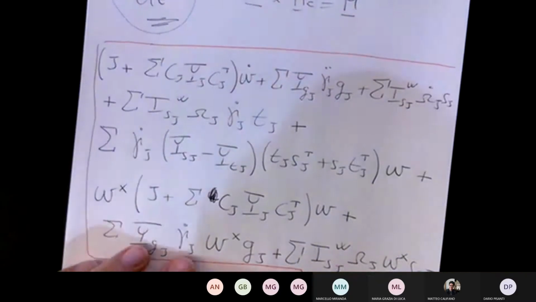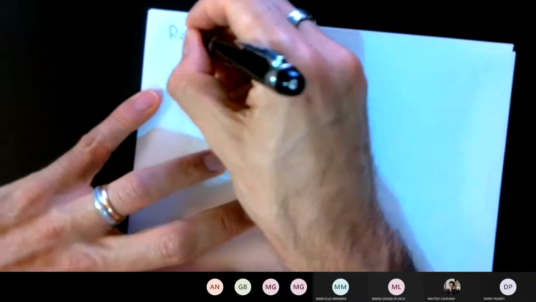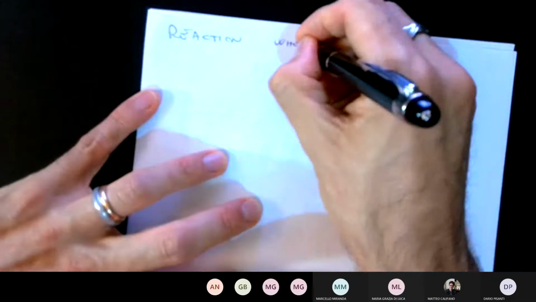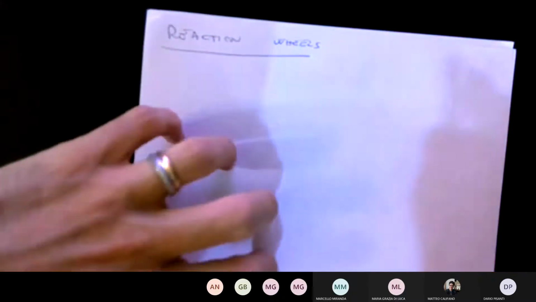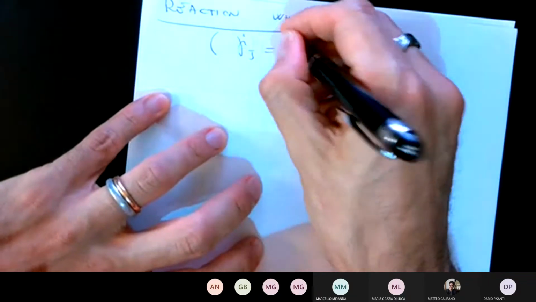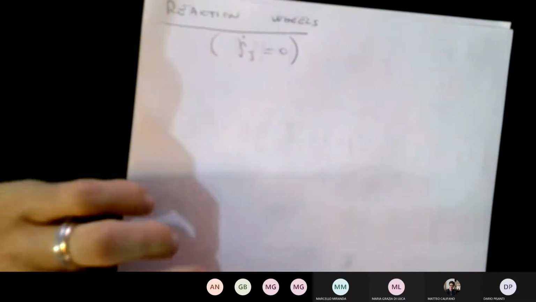So now let's look at the different options that we have. Option number 1 is the simplest, very much used in practice: reaction wheels. What that means is that gamma j dot is 0. The gimbal is locked. You can't really change the axis of spin inside the spacecraft.